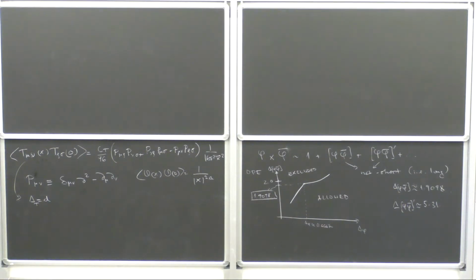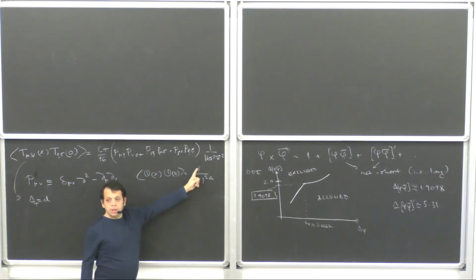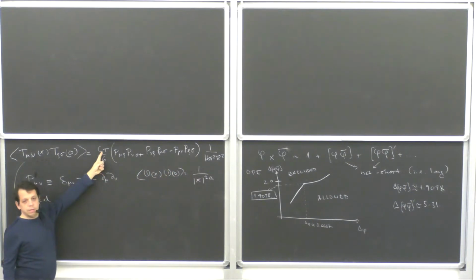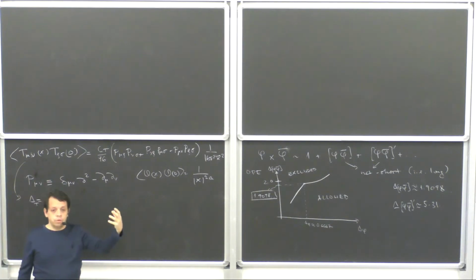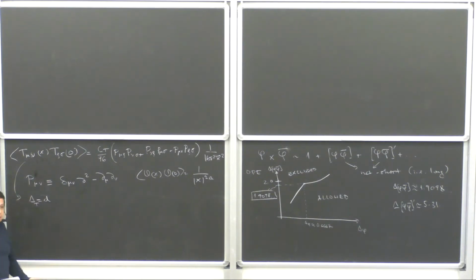If you are not fully asleep, you can wonder, why was I able here to put a coefficient 1, whereas here it seems like this is a non-trivial number? Roughly speaking, it's because the energy momentum tensor is a composite operator. So if you write down a scalar field theory, it's built out of derivatives of the scalar, right?